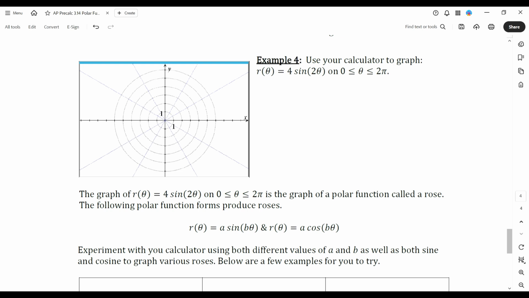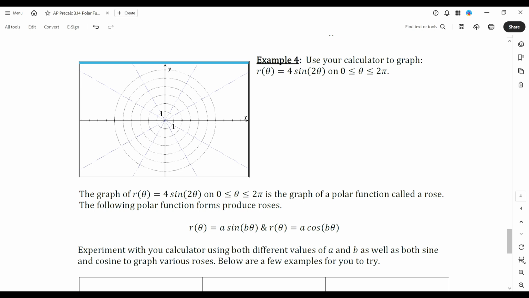There are a few things I can hypothesize about this one, knowing that I've seen the rose curve from before.